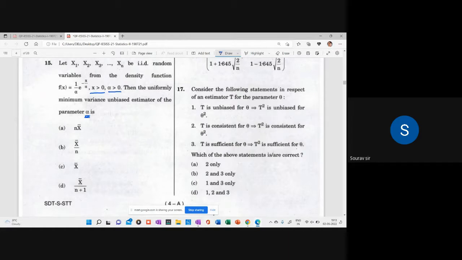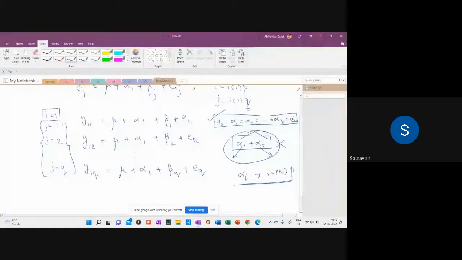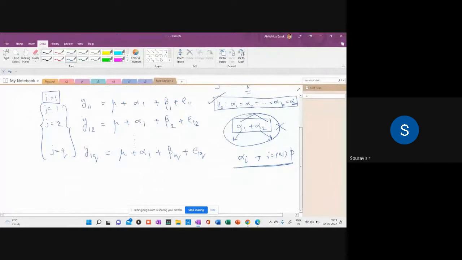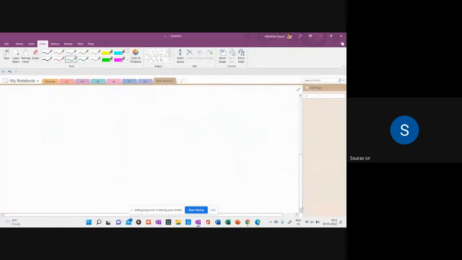So let us write the distribution first. My f(x) is basically 1 by alpha e to the power minus x by alpha, where 0 less than x less than infinity, and 0 otherwise.